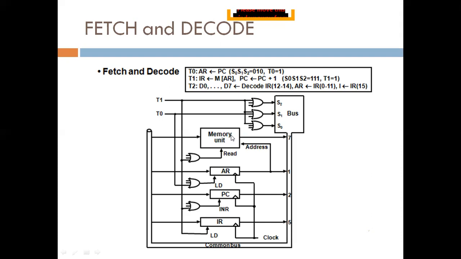From the memory unit, the data is copied to the IR. At the same time, the program counter is incremented by 1.